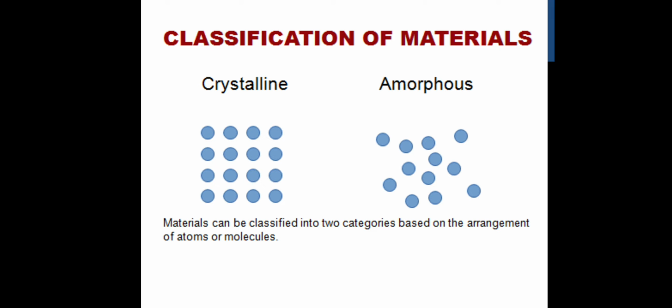Whereas in amorphous solids, the locations of the atoms, molecules or ions are randomly positioned, randomly directed, and no periodic distance or particular orientation is followed. So materials are classified into two categories based on the arrangement of atoms or molecules.